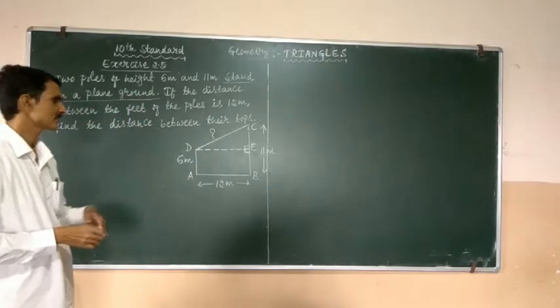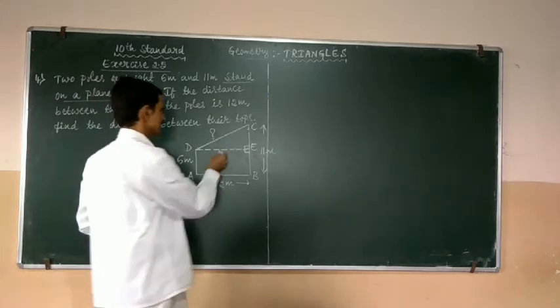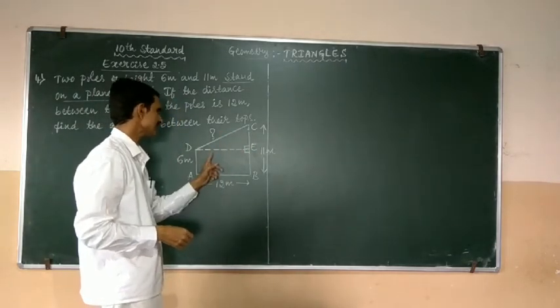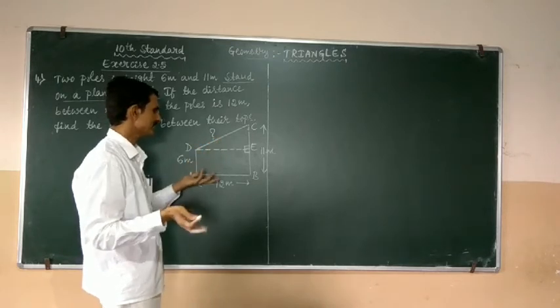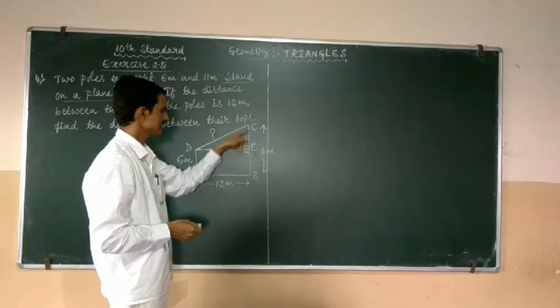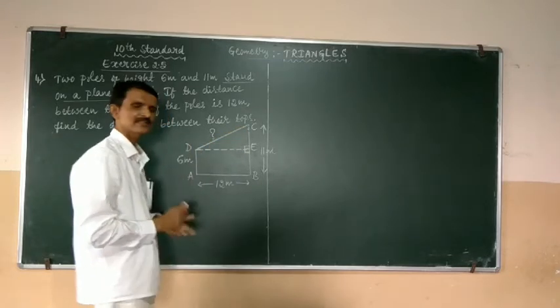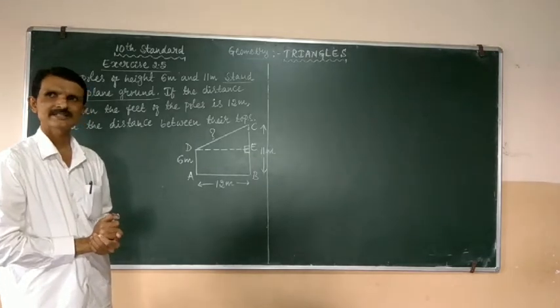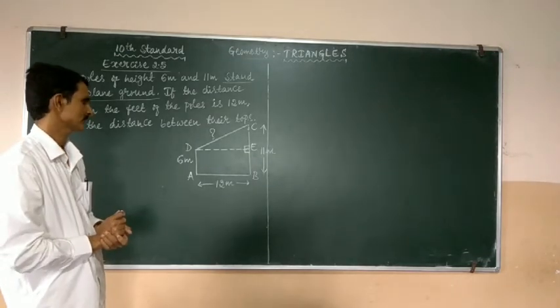Now students, what about the length of these two? If you observe the triangle, we do not know the length of EC and also the length of CD. So it will become very tough.